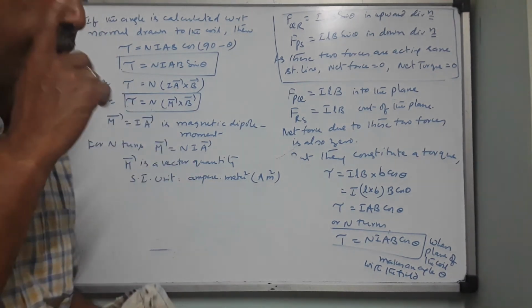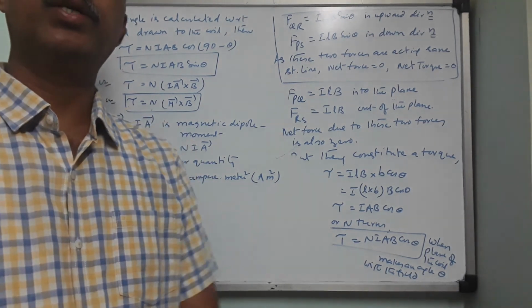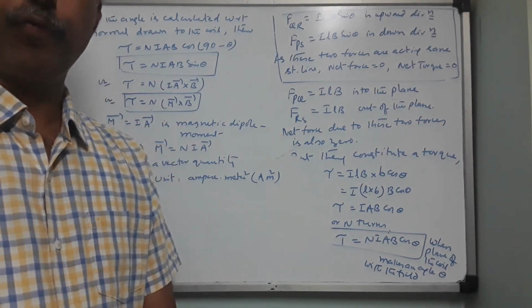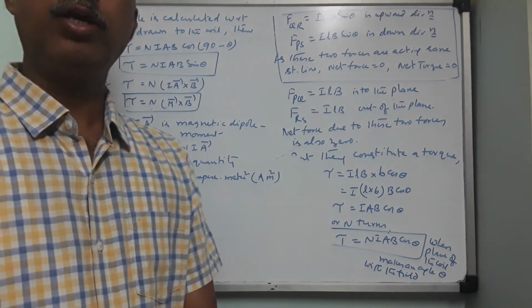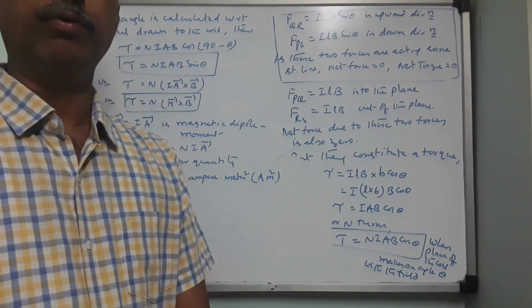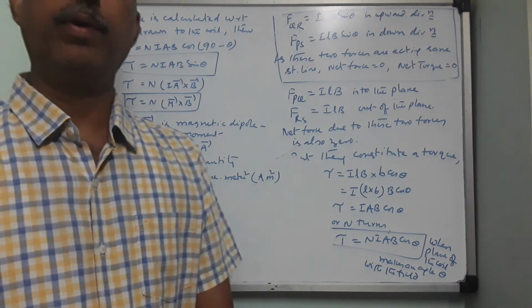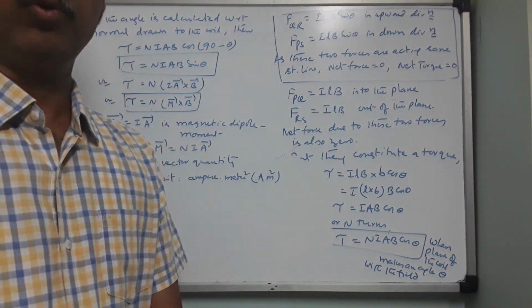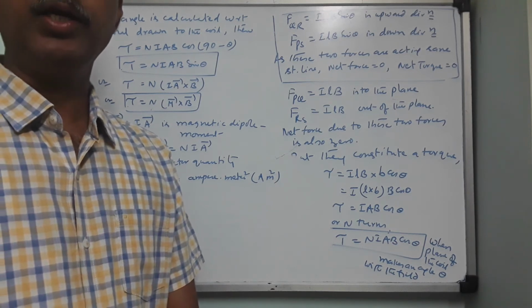So you can make this point as a note: if the coil is placed in a non-uniform magnetic field, then in addition to the torque, it also experiences a net force. So net force is not zero. Because of the net force, it will try to move in translational motion, and because of the torque, it will try to move in rotational motion.